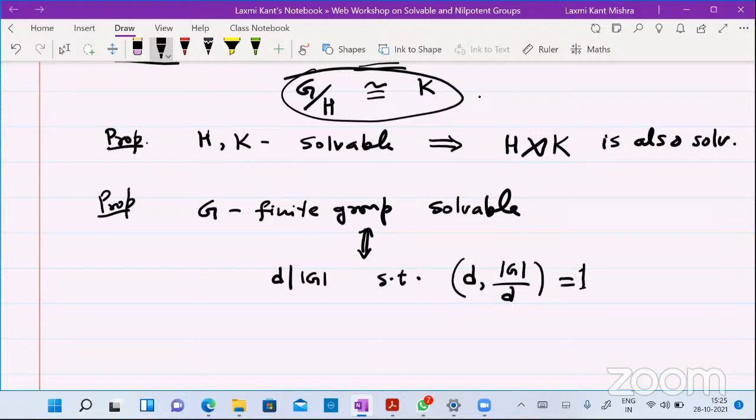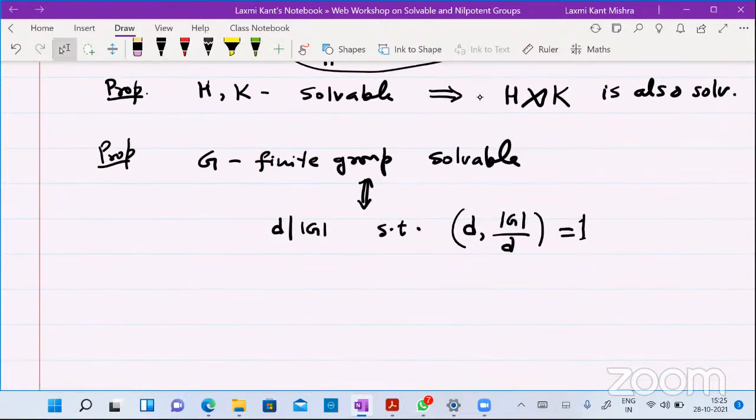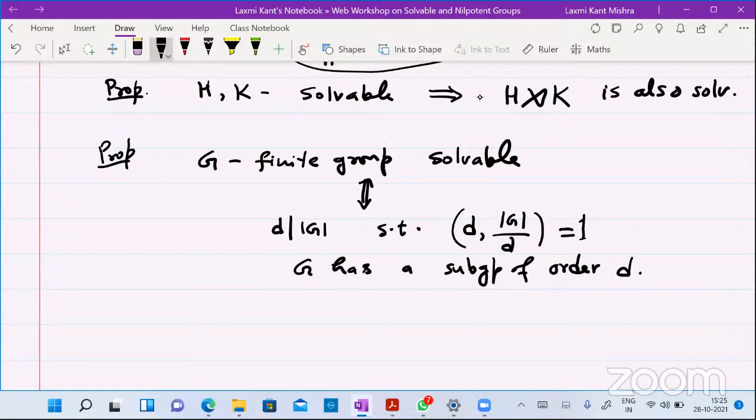G has a subgroup of order D. So in some sense, it is a Lagrange theorem like thing.